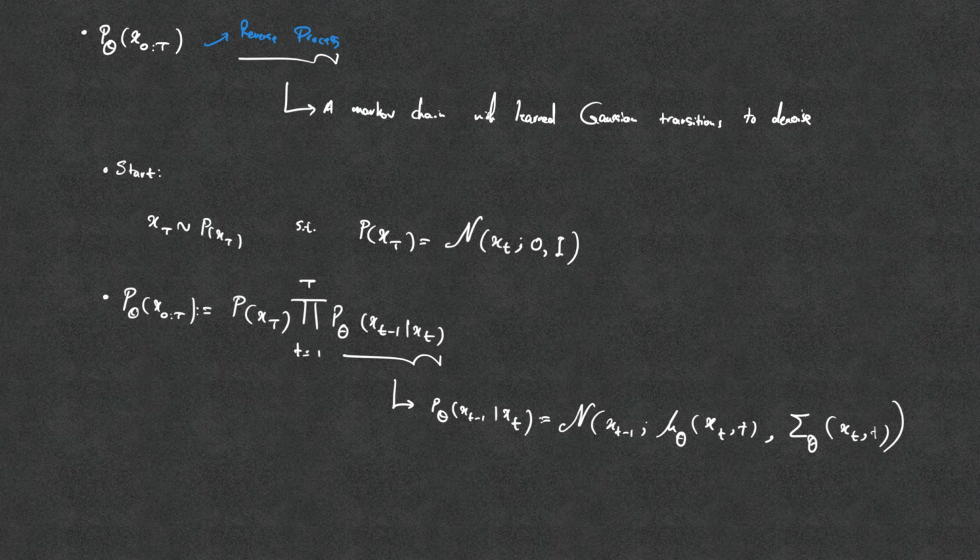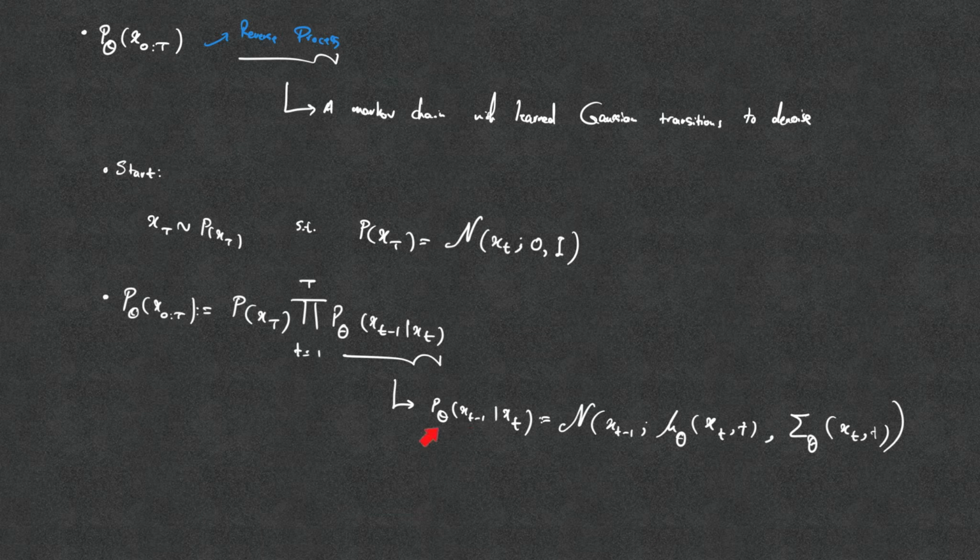Now, in order to model xt minus 1 given xt, they use the Gaussian transitions. So this is read like this. You have a parameterized model that models the probability of going from t to t minus 1, or denoising.